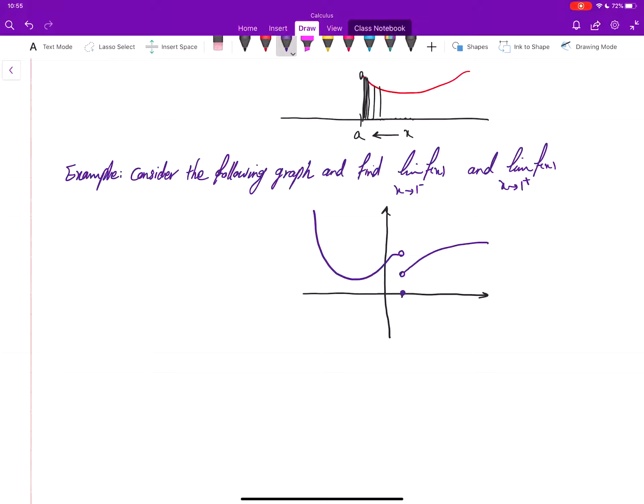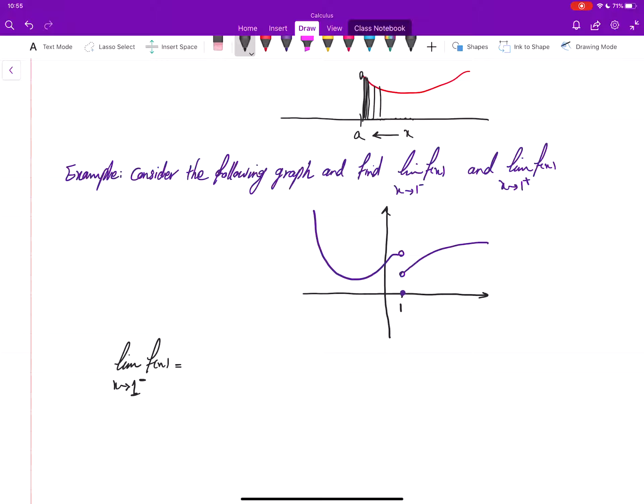So while you're trying to study that, note that I am trying to find x approaching A from the left. A here is actually 1. So this approaches 1 from the left.